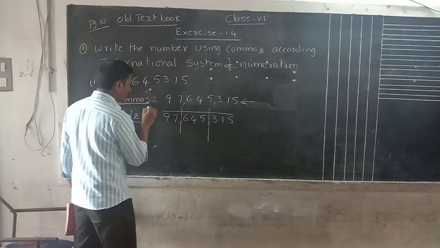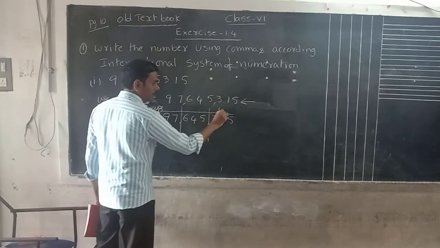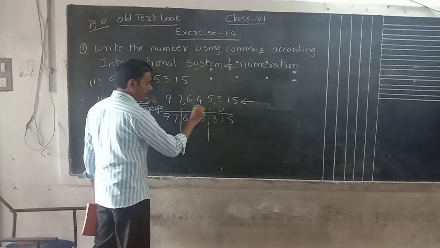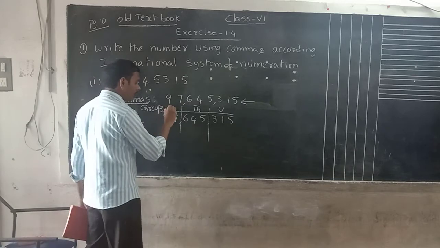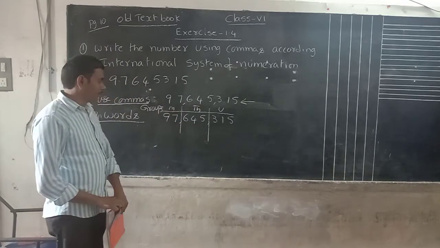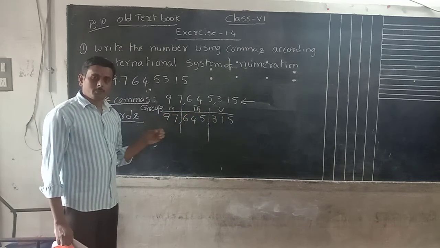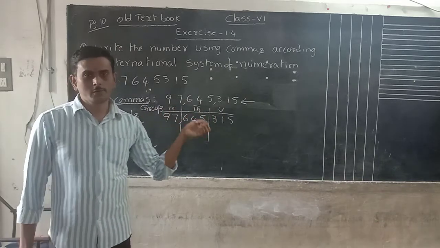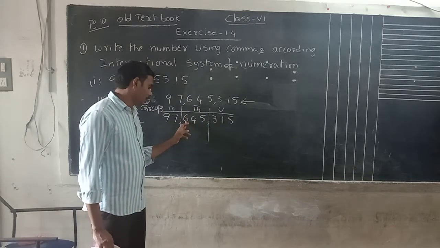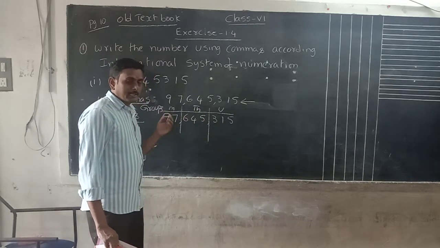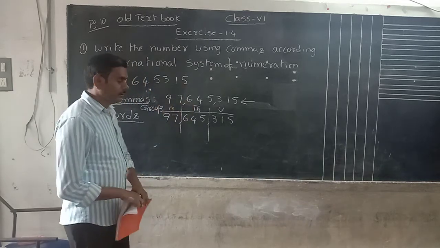We have to write the groups here. What are the groups? Unit group, thousand group, and then million group. If you want, you can write the base values: 1, 10, 100, 1000, 10,000, 100,000, million, 10 million. Like that you can also write, no problem. But if you remember the groups visually, you can write them.